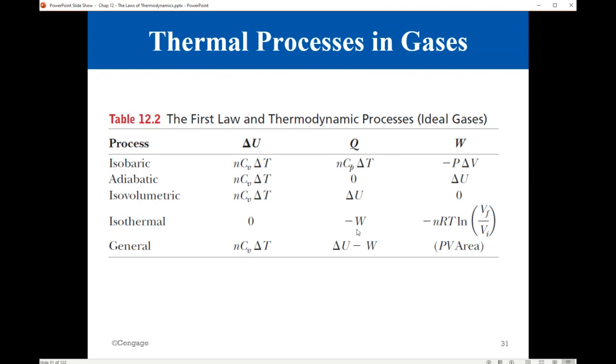So Q now is equal to minus W, and W is calculated from the isothermal equation, so it is nRT logarithm V final divided by V initial. The general form, away from these four processes: delta U is determined using nCv delta T, Q is determined using delta U minus W, and W is determined from the PV area, which is P multiplied by delta V in general.